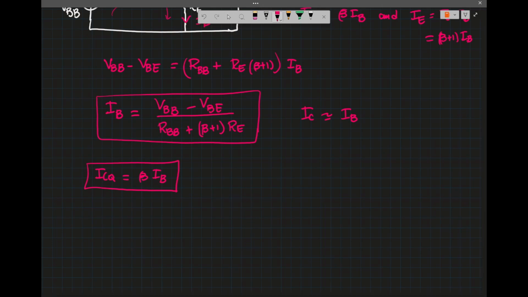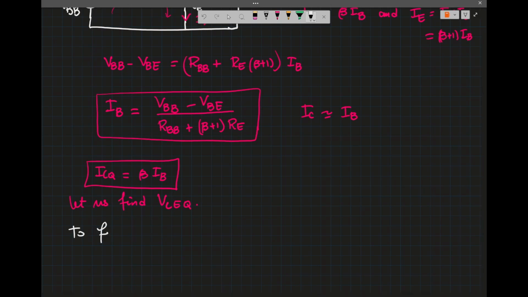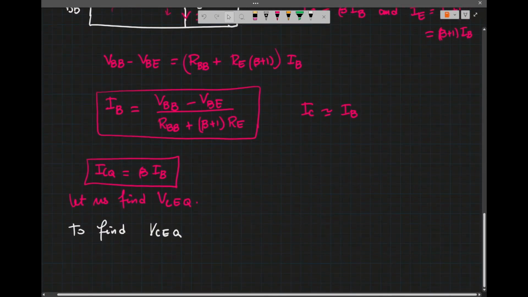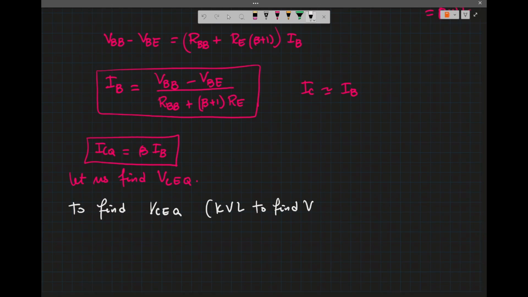And then now let us find VCEQ. Right, so to find VCEQ, we are going to write KVL that includes the collector and VCE.